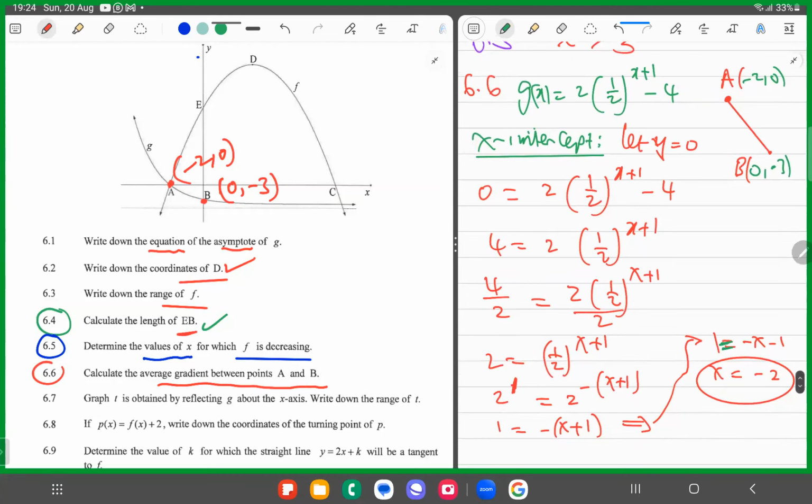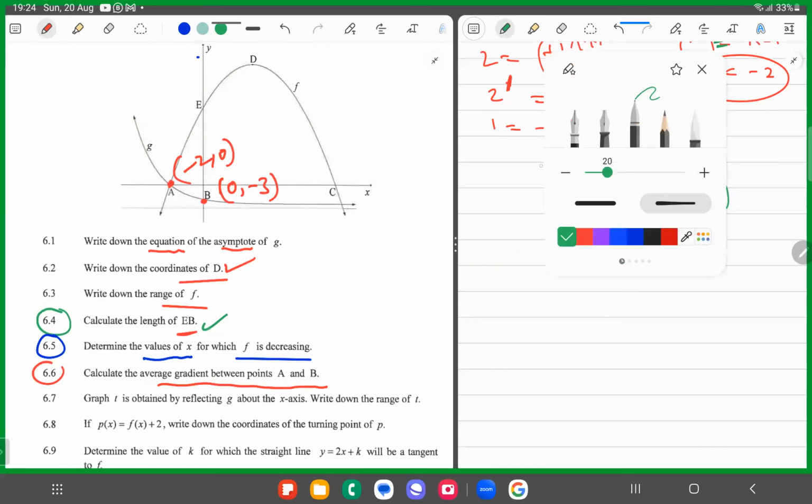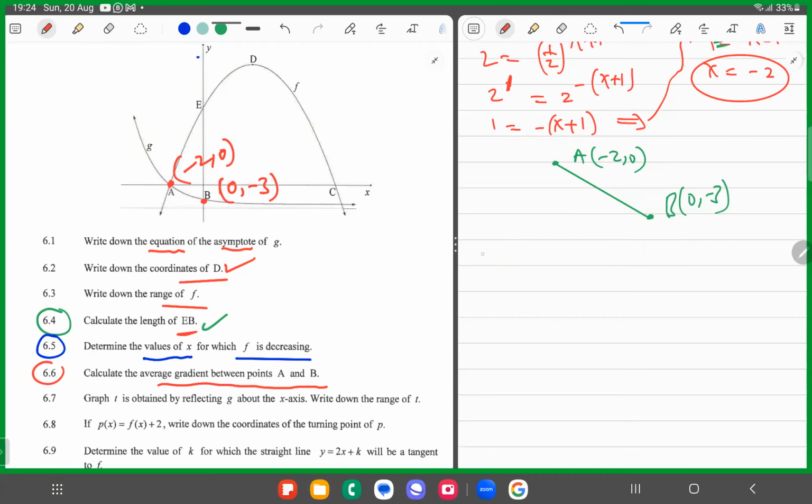In other words, you have the line segment joining the points A and B. The gradient of this, let's just call it the average gradient.